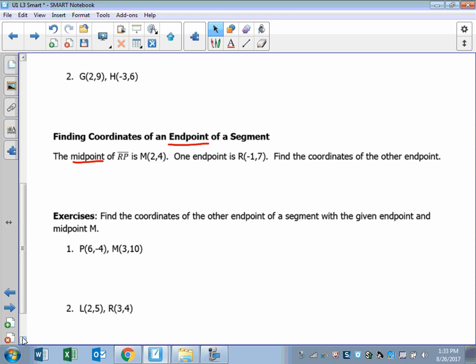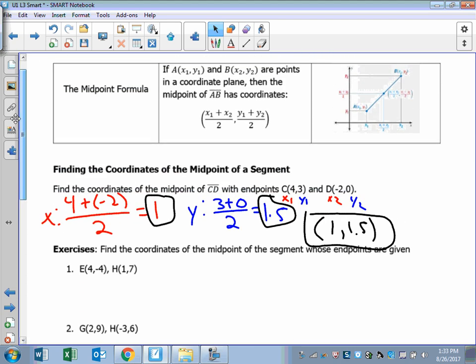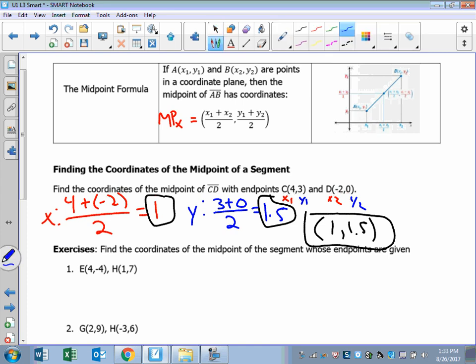But if we think about the equation, what we have up here, x1 plus x2 divided by 2 equals the midpoint of x, the middle x. And along the same lines, y1 plus y2 divided by 2 is the midpoint of y. So now we can kind of use algebra and plug in to figure out how to find endpoints.